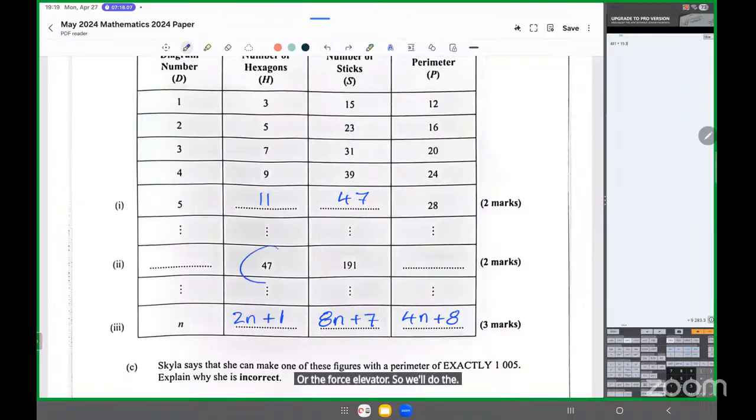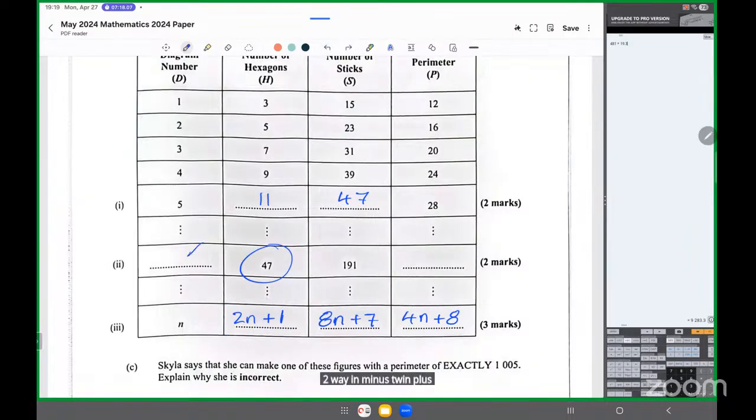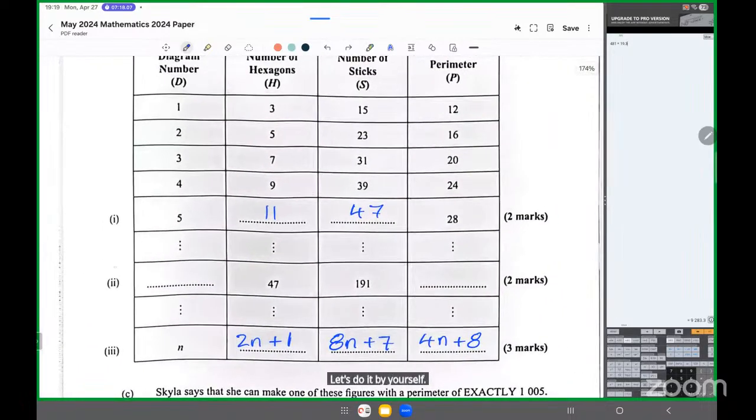Then we have this line. We want to find the number over here using this line. So we're going to equate that number to 2n plus 1 to see what the n is for here. Let's do it over here. So inside here, we're going to put 2n plus 1 equals 47. So it means that 2n is equal to 46.